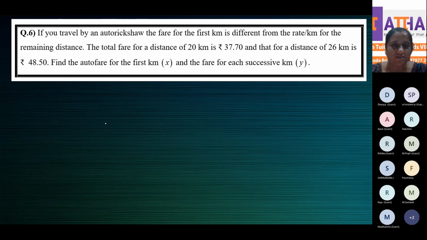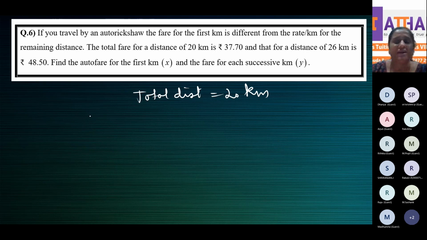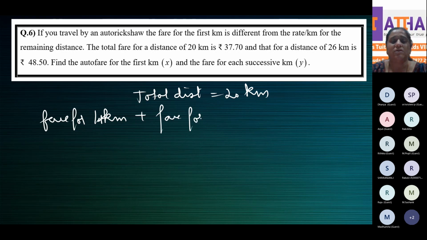In the same way here, in the first case, the total distance is 20 kilometers. So you split it as 1 kilometer and 19 kilometers. Fare for the first kilometer plus fare for 19 kilometers.